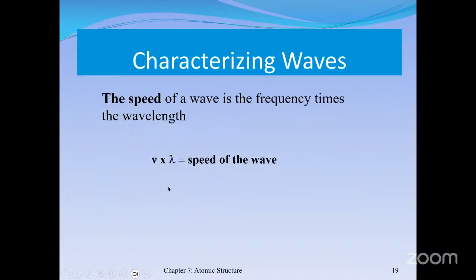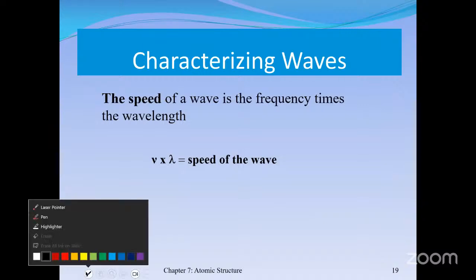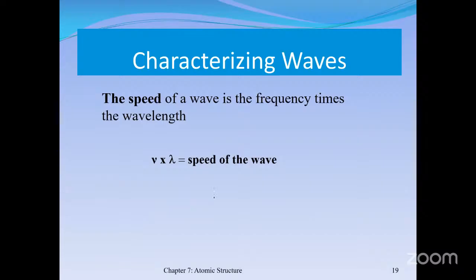So therefore, there is a relationship between the wavelength of a waveform and the frequency, and that is given by this equation here. The frequency multiplied by the wavelength is equal to the speed of the wave. So that is true for all waveforms, including electromagnetic radiation. Now, in the case of electromagnetic radiation, the actual speed of the wave, so let me write this down here.